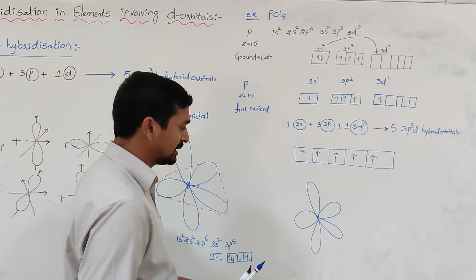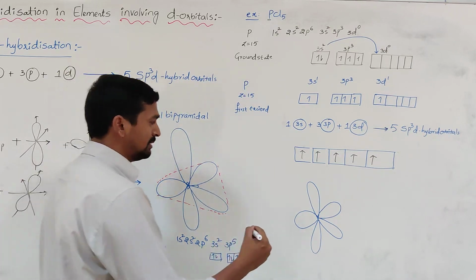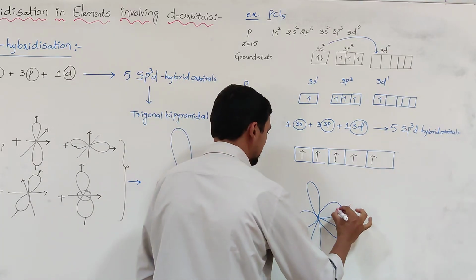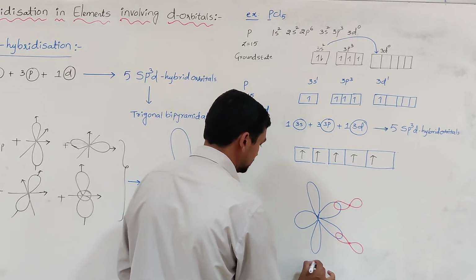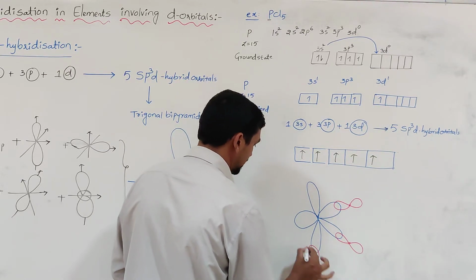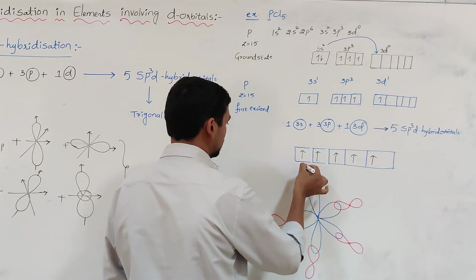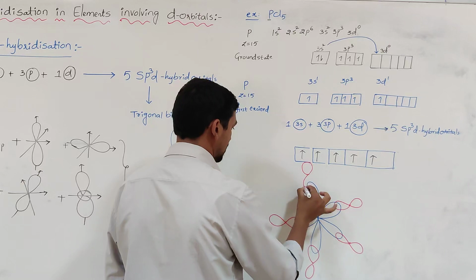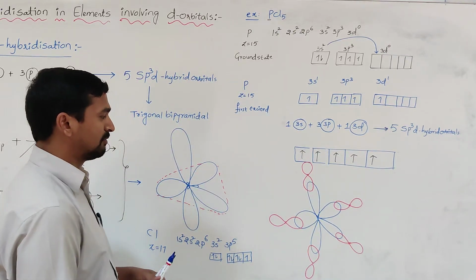That is drawn like this. The 3p orbital is also in which shape? You know, p orbital shape. So this is 1, 2, 3, 4, 5. Totally the 5 bonds are formed.